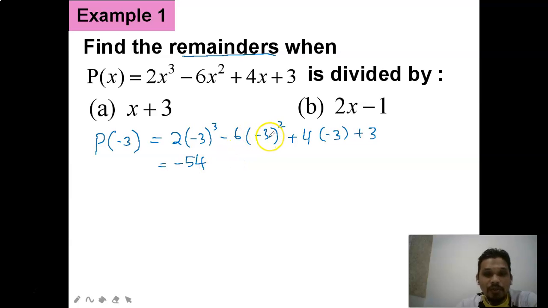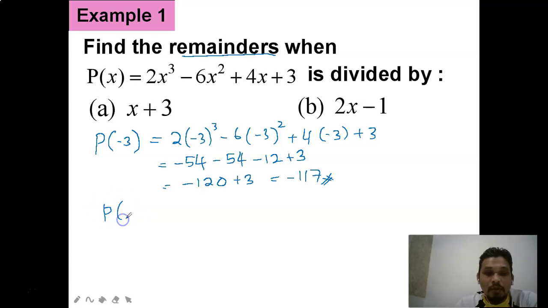Negative 3 squared equals 9, times negative 6 is negative 54. 4 times negative 3 equals negative 12, plus 3. So negative 54 minus 54 is negative 108, minus 12 equals negative 120, plus 3, then it is equal to negative 117.